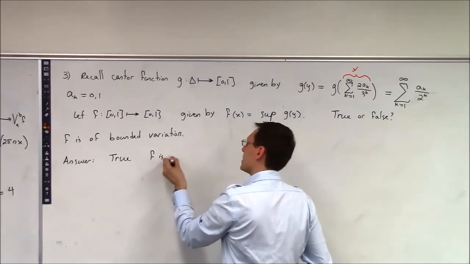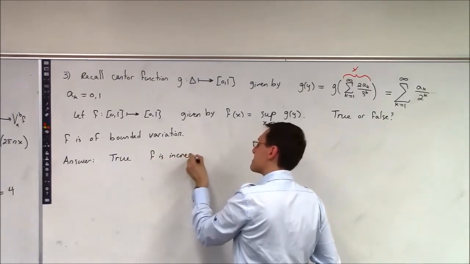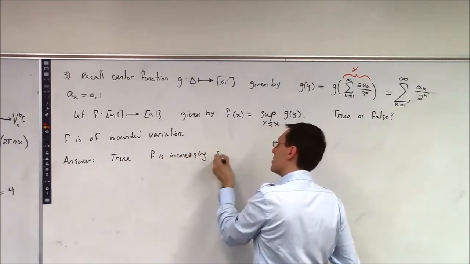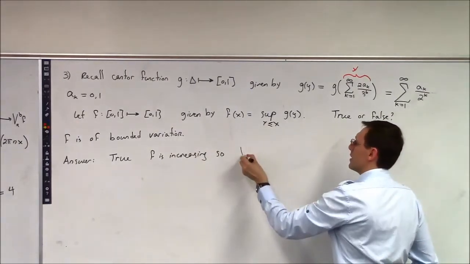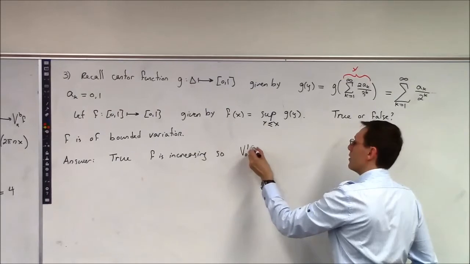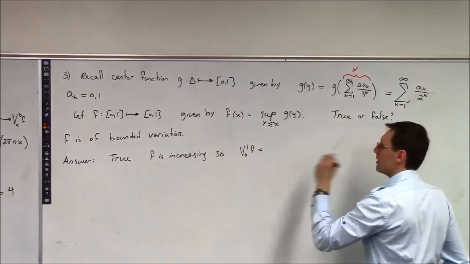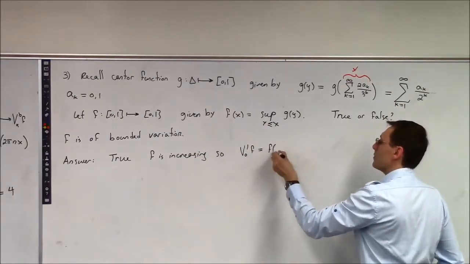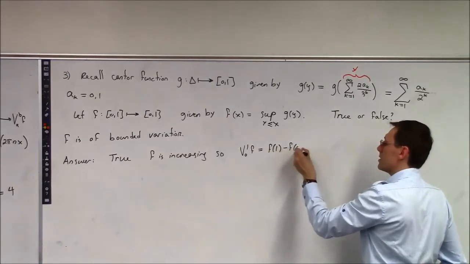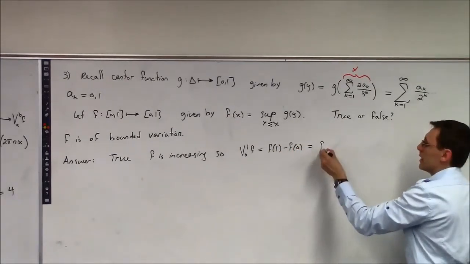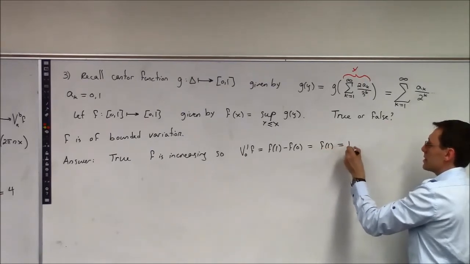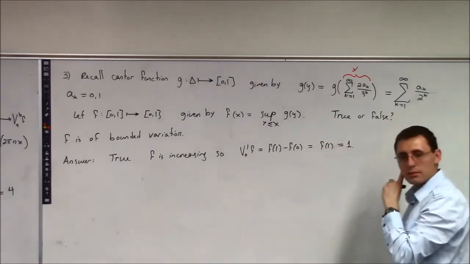F is increasing. So the variation from 0 to 1 of f is in fact f of 1 minus f of 0. F of 0 is 0. So this is just f of 1, which is 1. Wonderful.